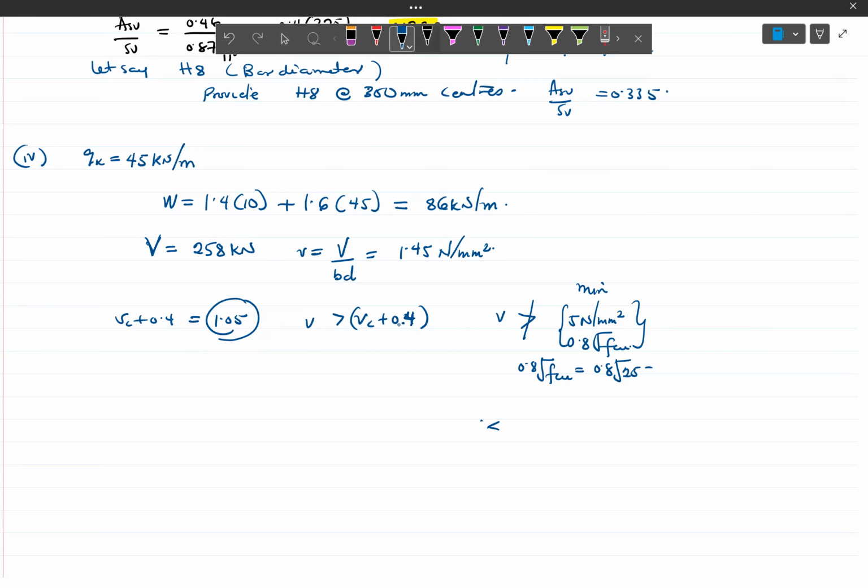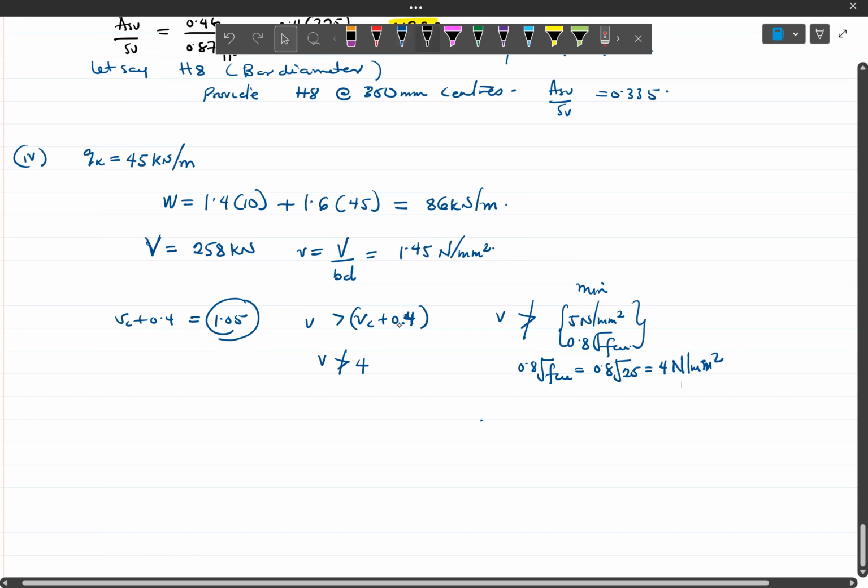That will give us 4 newtons per millimeter squared. So V cannot be more than 4, which is fine because V is 1.45. So far everything has checked out.